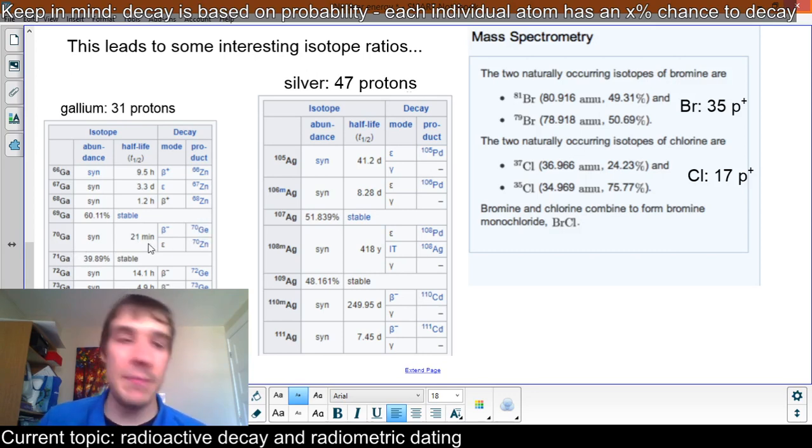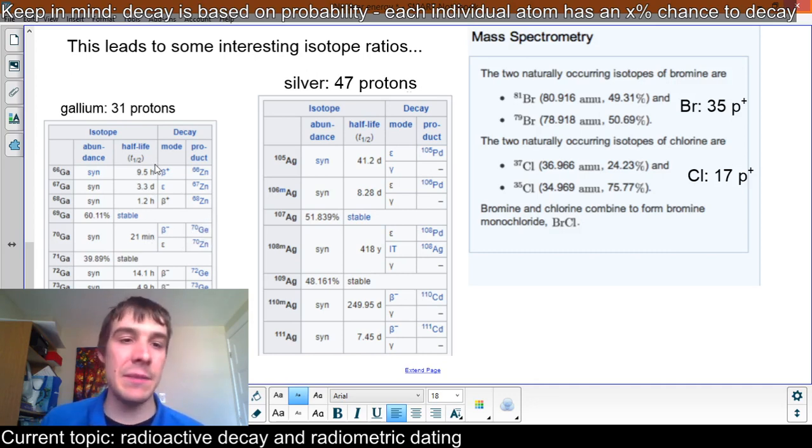After another 21 minutes, which would be 63 minutes after you take your first sample, you're down to 12.5%, 1/8 of your original gallium is still gallium-70, and 7/8 of it is germanium-70, and so on and so forth.